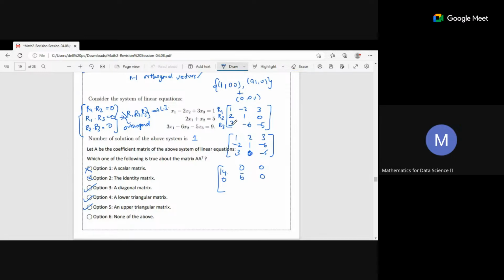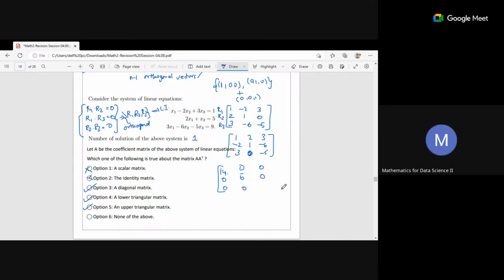Ma'am, instead of multiplying, you're doing R1 into R1, R1 into R2. It is just the same. If you do the multiplication, that is what you will get. Is it applicable for any multiplication? Yes, it is applicable, if it is A transpose.